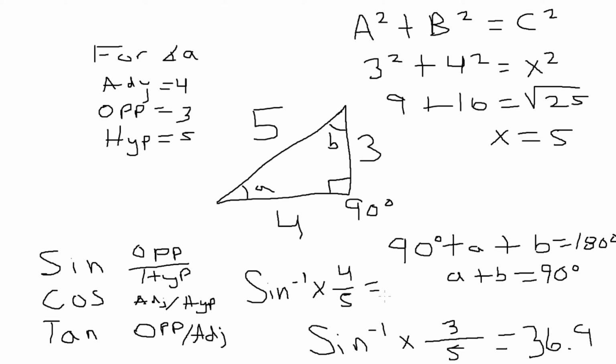So if we did the cosine for this angle, we could have done the inverse cosine of 3 over 5, since 3 is the adjacent to B, which would have gotten us the same value. We're going to put that degree sign on 36.9. And 53.1 equals our angle for B.